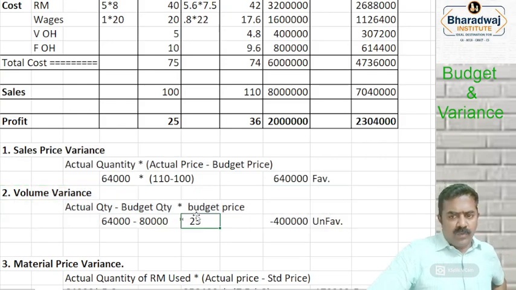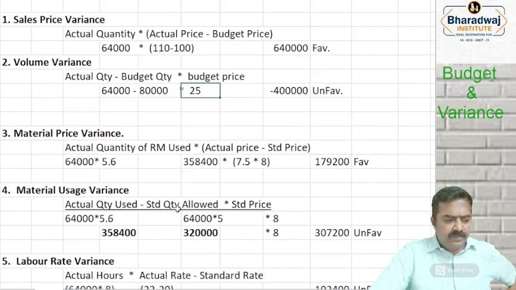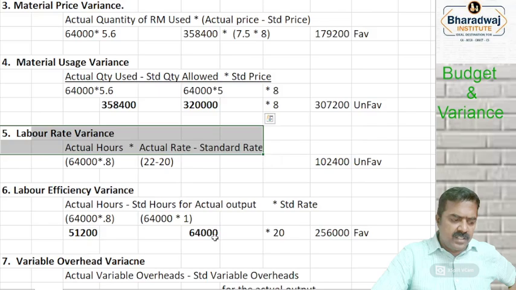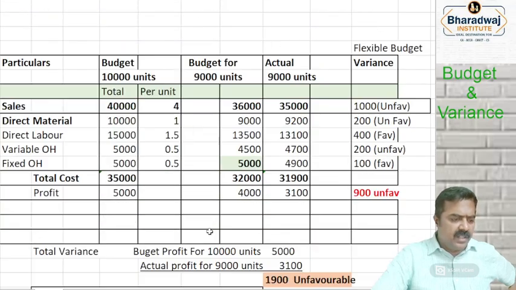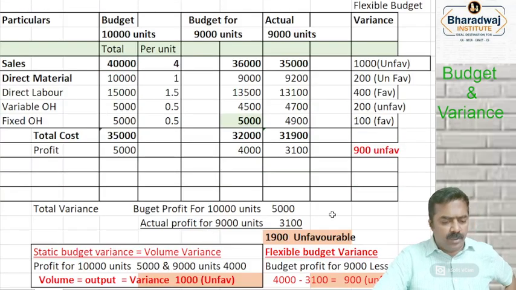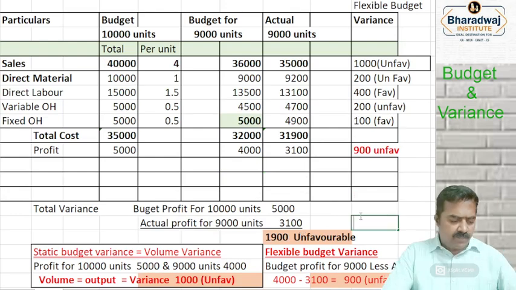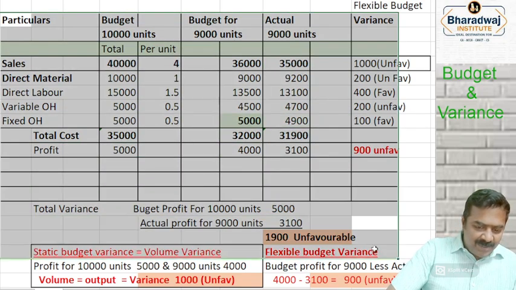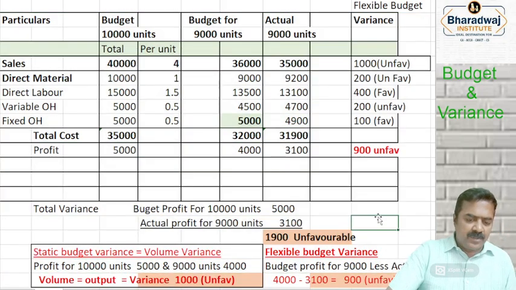Then you can do price variance, usage variance, rate variance, efficiency variance. Some extra variances we need to work out, but before that I request you to copy this, then we will proceed. I'll work out, nothing to worry.